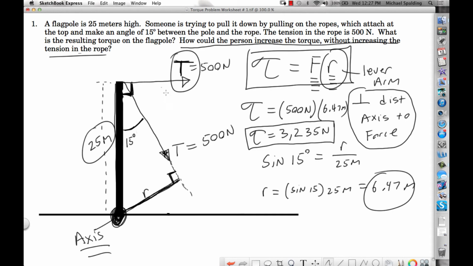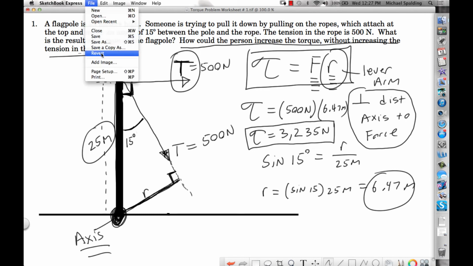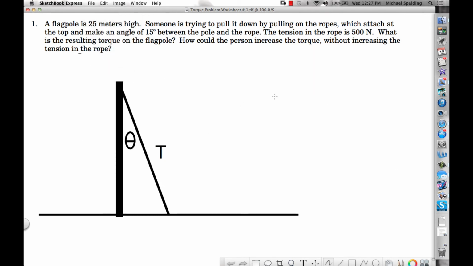Okay? Now real quick, let me show you the second way. Is everybody this copied? The second way we could have done this to find the torque. So what we could have done, so we have the rope pulling like this.